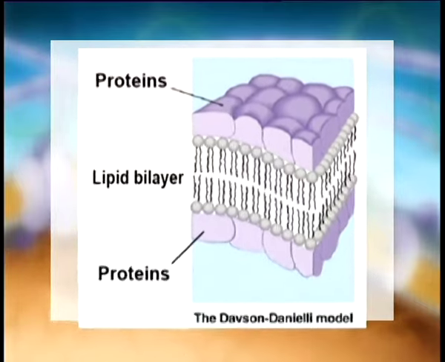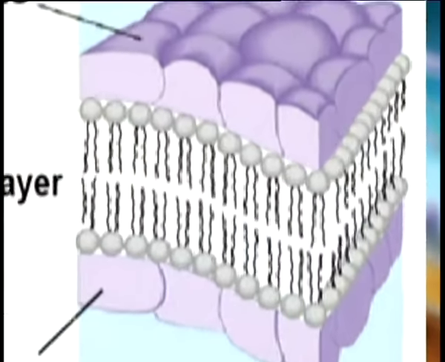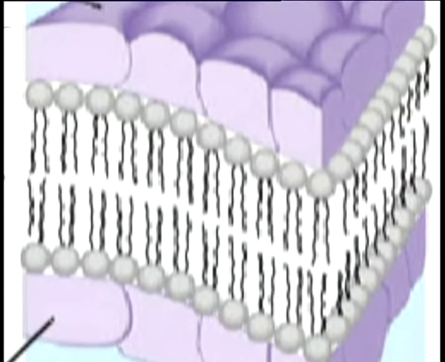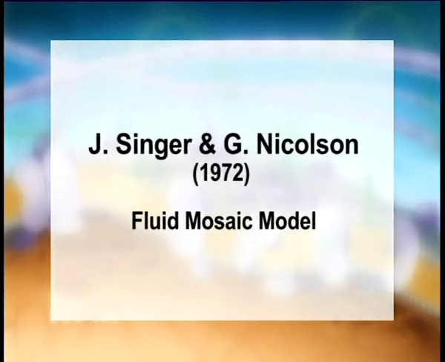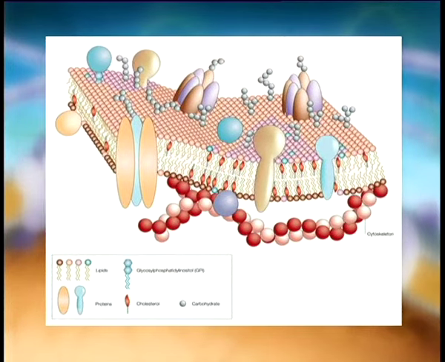Later studies found problems with this model, particularly with the placement of the membrane proteins that have hydrophilic and hydrophobic regions. In 1972, Singer and Nicholson proposed the fluid mosaic model for plasma membrane, in which the plasma membrane is a mosaic of proteins dispersed within the lipid bilayer with only the hydrophilic regions exposed to water.